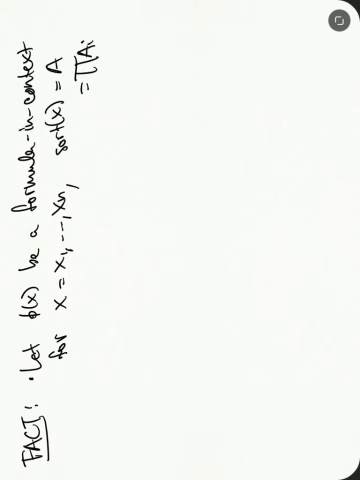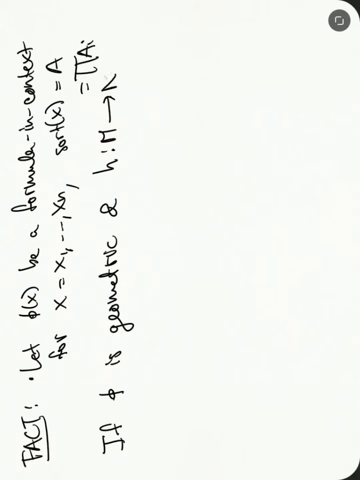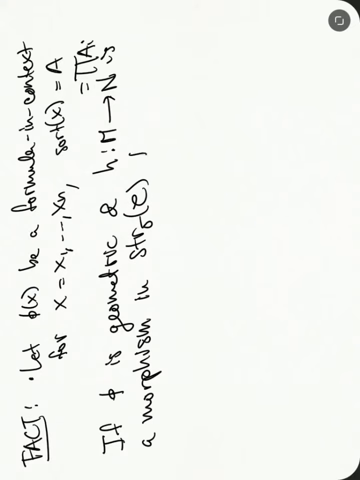If phi is geometric, and let's say h from M to N is a morphism in the category of structures with values in C, then we have the following commutative diagram. So there exists a diagram like this.